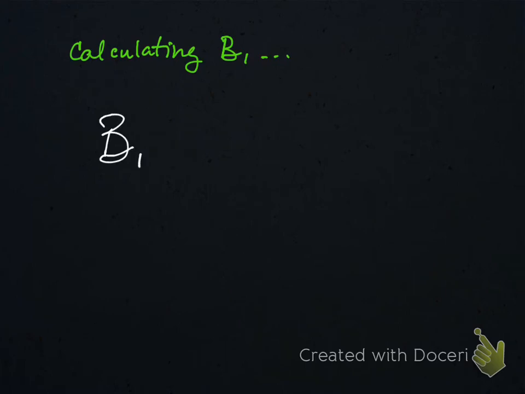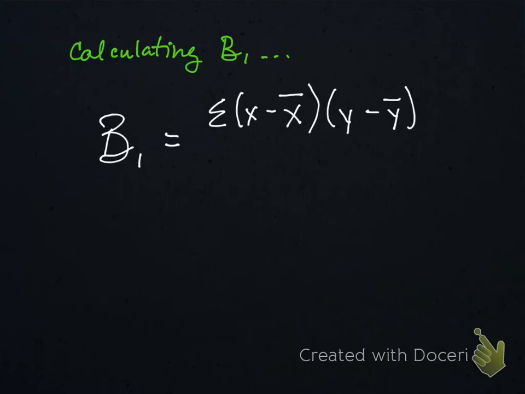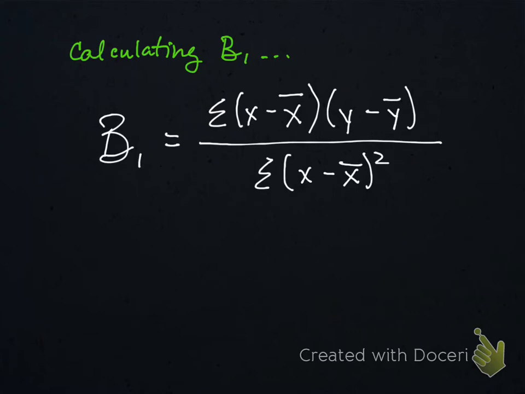Our slope parameter is going to be equal to the sum of each person's score minus the mean on x, or the predictor variable, times each person's score on y minus the mean on y, or the response variable, and we're going to divide that numerator by the sum of each person's score on x minus the mean on x, squared.